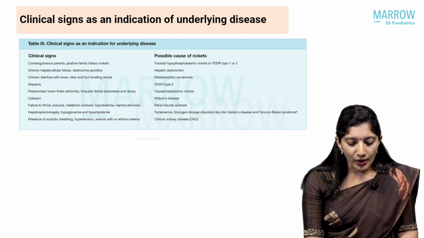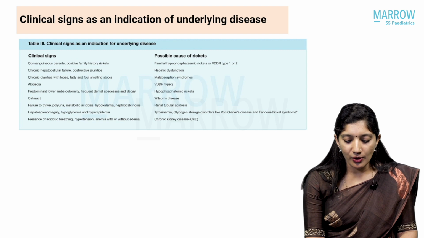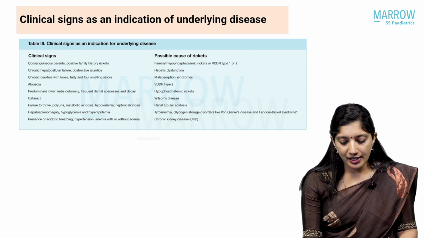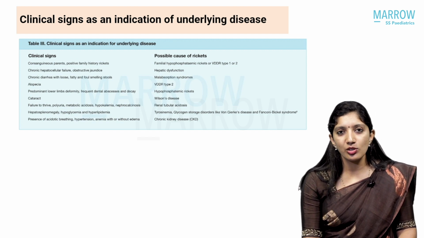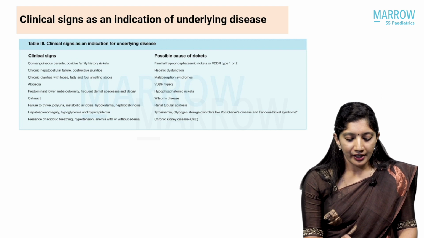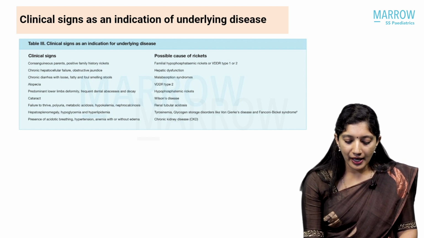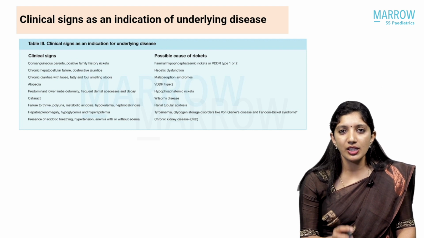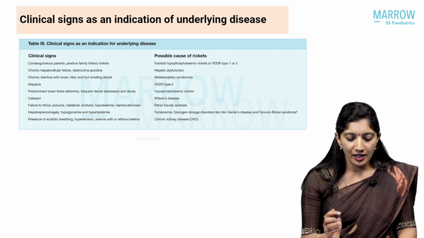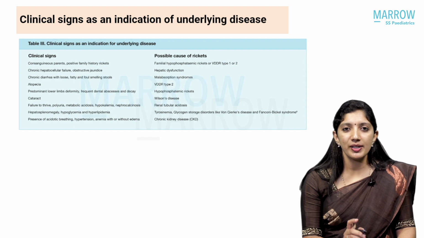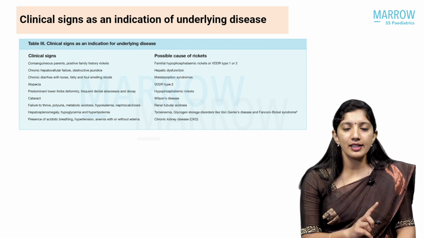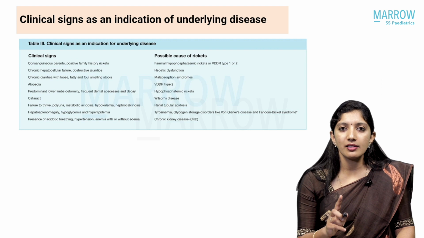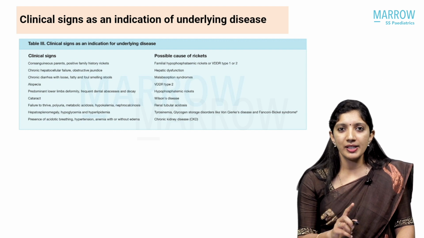Any history of chronic hepatocellular failure or obstructive jaundice suggests hepatic dysfunction, and rickets due to chronic liver disease. Chronic diarrhea with loose, fatty and foul-smelling stools suggests rickets due to vitamin D deficiency from malabsorption. Alopecia, as I told you, is a classical marker of VDDR type 2, that is vitamin D receptor mutation.